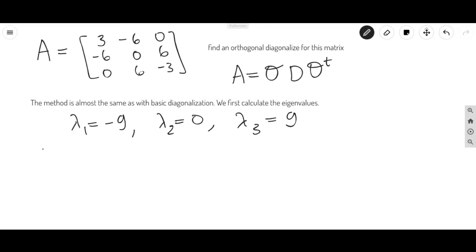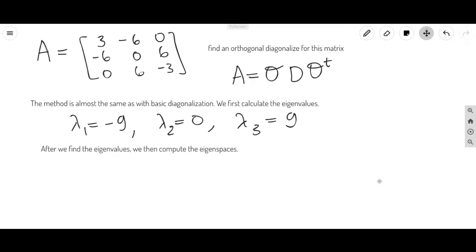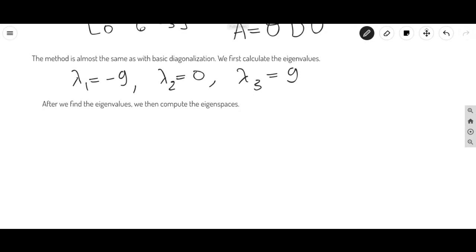And then, after we find the eigenvalues, we compute the eigenspaces. You find the eigenspaces first because after you find them, you choose a particular vector from the eigenspace, and there are lots of vectors you can choose from it.